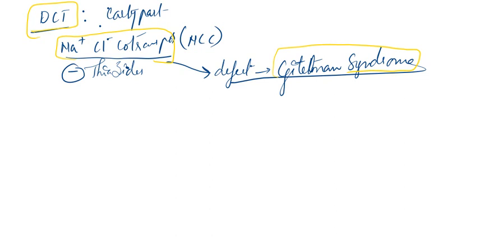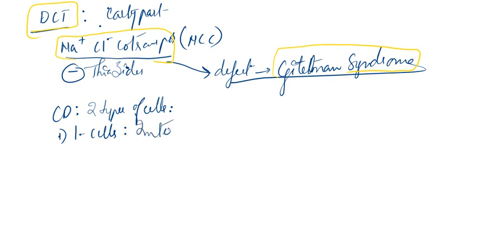Now coming to the collecting duct. There are two types of cells in the collecting duct. The first type is I cells. I cells are also called intercalated cells. What is their function?